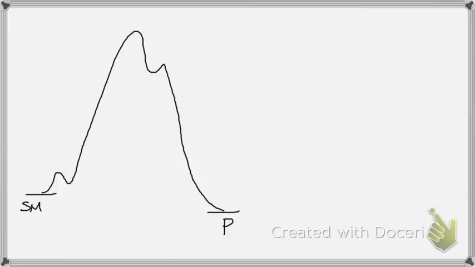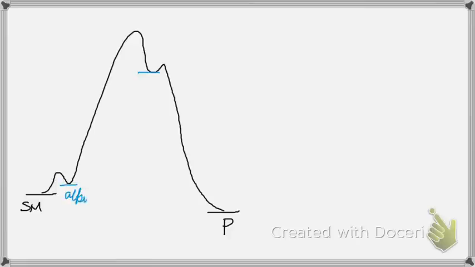The first step is the formation of the alkyl oxonium ion, protonation, so activation energy is relatively low. Second step, the slowest step, formation of the carbocation, the activation energy is the highest. The third step is deprotonation, a fast reaction, activation energy not very high.